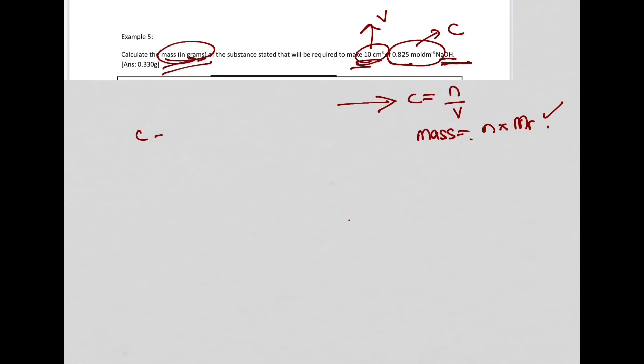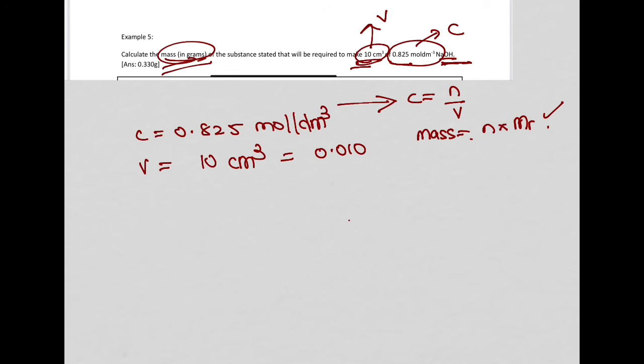So concentration, 0.825 mole per dm³. Volume is 10 cm³. Convert that to dm³. Divide by 1,000, 0.01 dm³. And then number of moles would be concentration times volume.